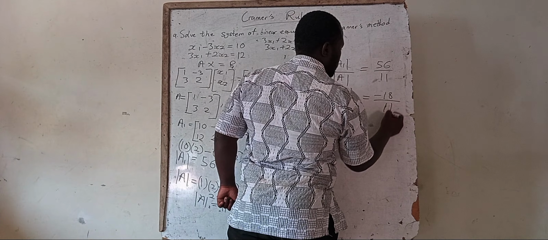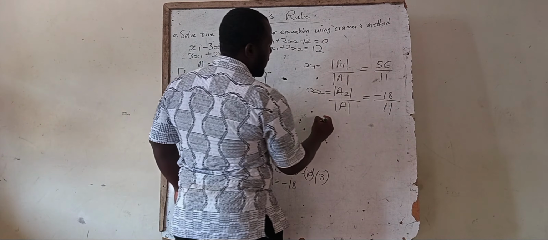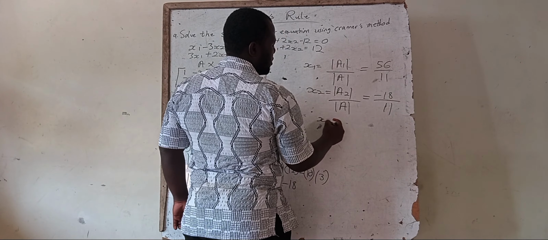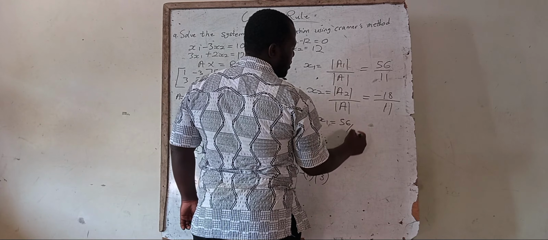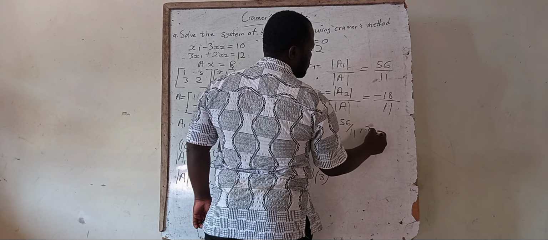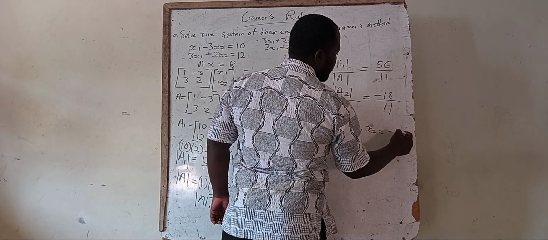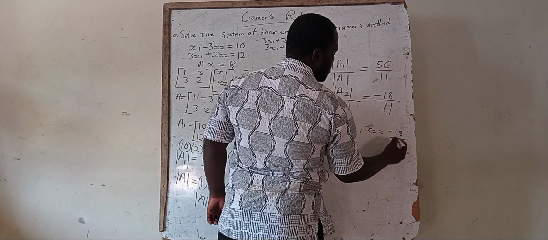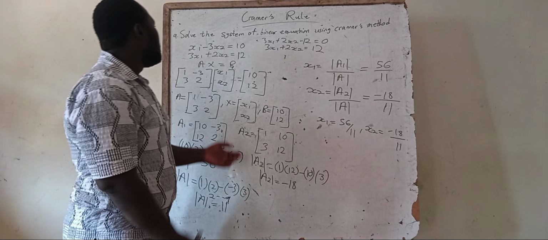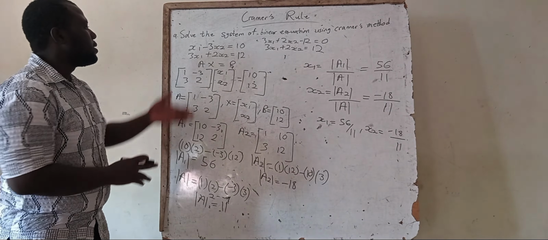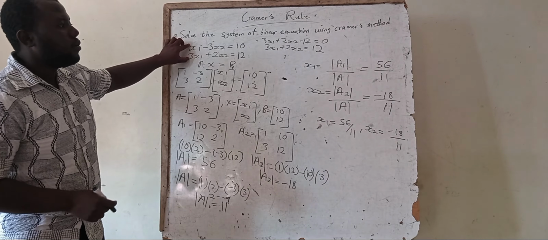So over here, our x1 is equal to 56 over 11, and our x2 is equal to -18 over 11. So this is the result of solving this linear equation with Cramer's rule.